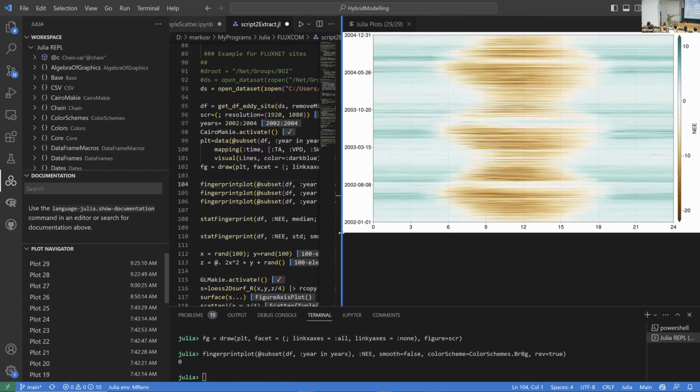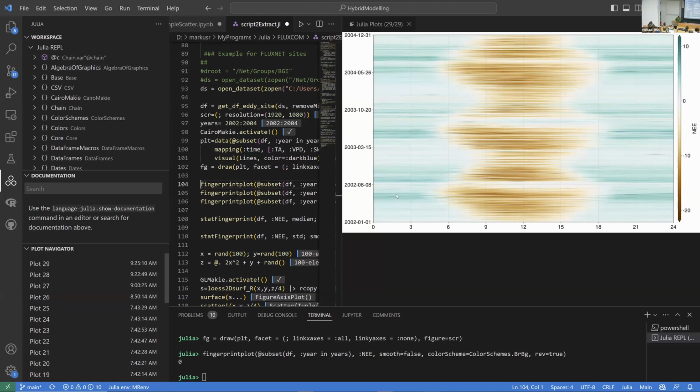So now we have on the x-axis the time of the day, on the y-axis the time of the years, and the colors code the uptake. Brown is now the uptake into the ecosystem that you see here, the diurnal cycle.